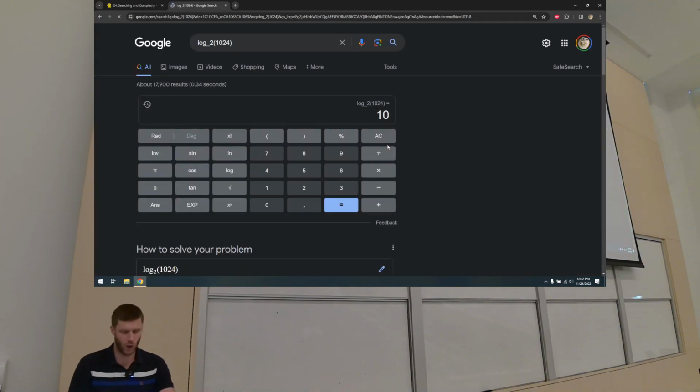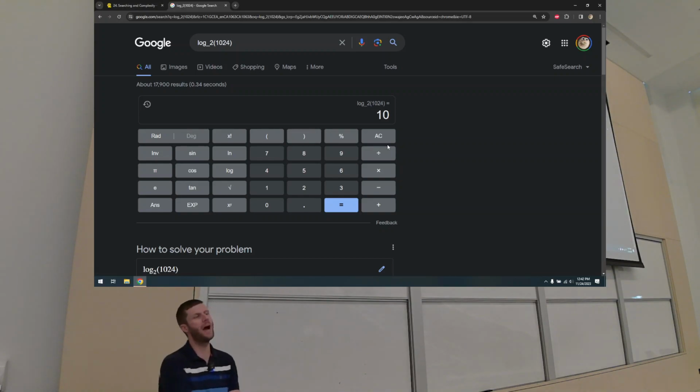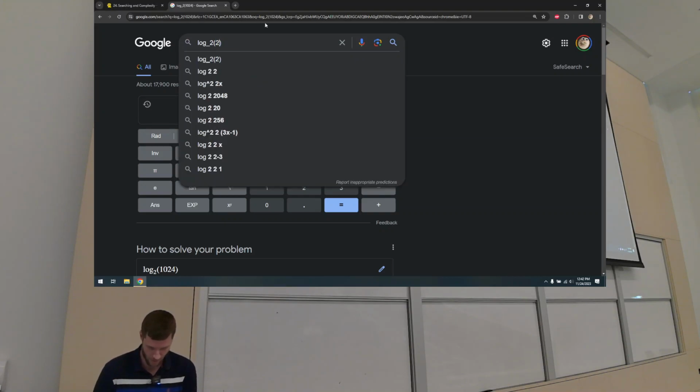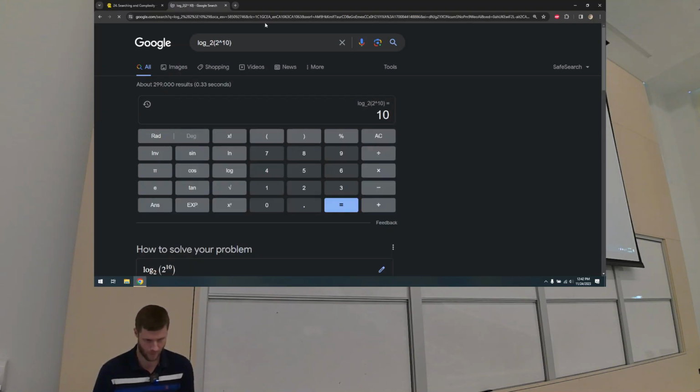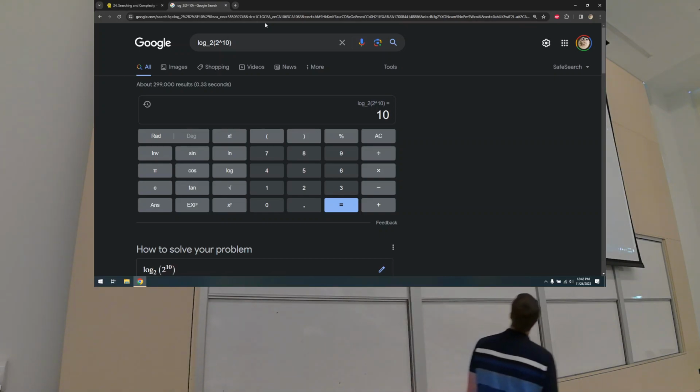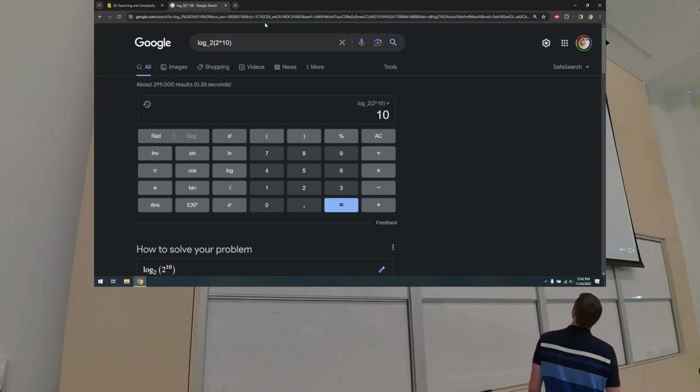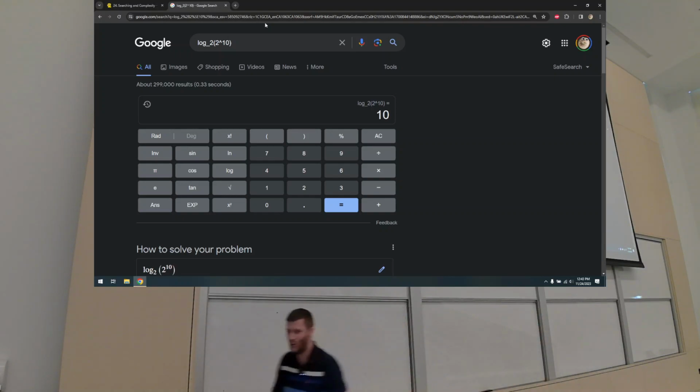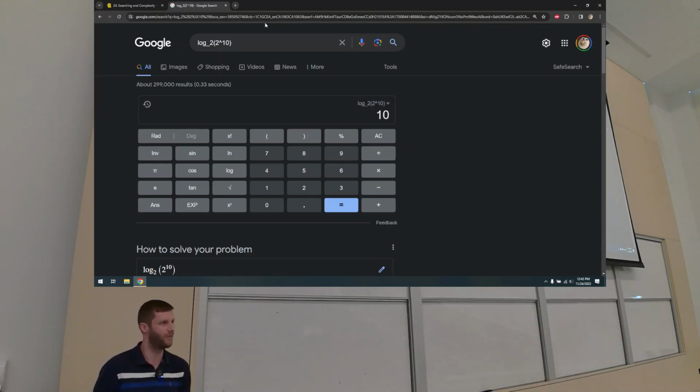Log base 2, so 2 to the power of 10 is what? 1024. So log base 2 of 1024 is 10. Log is like the undo of the power of.